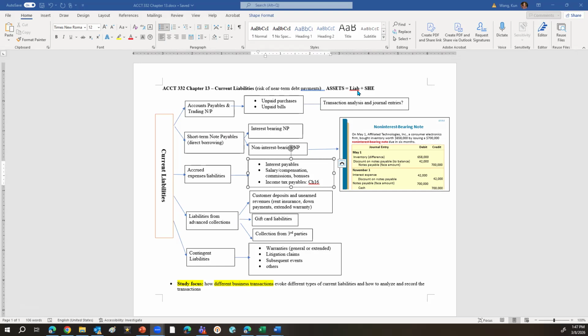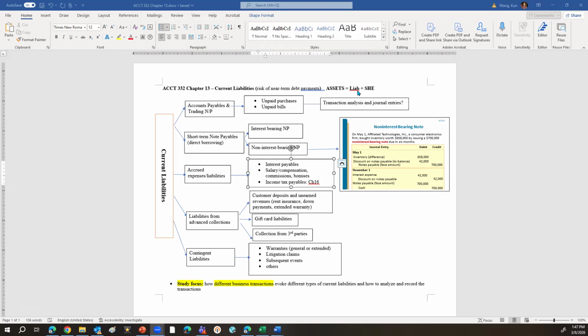Okay, be careful. Most companies use the calendar year, like 12 months, or very rarely they use their operational cycle. So compare the calendar year and the operational cycle, which one is longer? Then anything paid within this one year or one operational cycle is current.